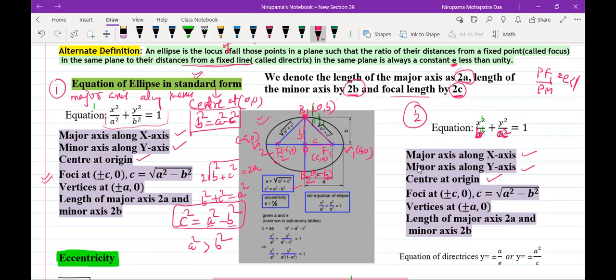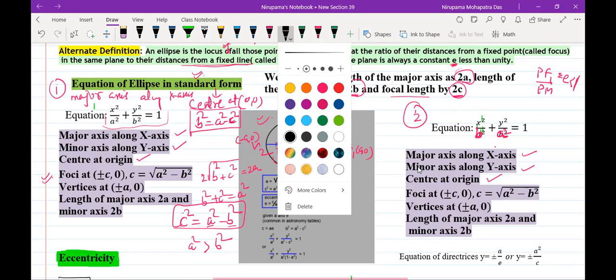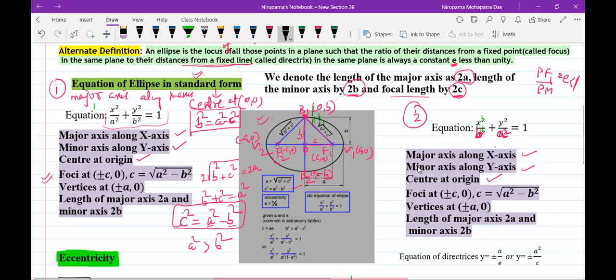On the other hand, whenever you have the major axis along the y-axis, I have just copied this. Here you can see, the major axis is along the y-axis, the minor axis along the x-axis, and foci at (0, ±c), because the major axis contains the foci and vertices.